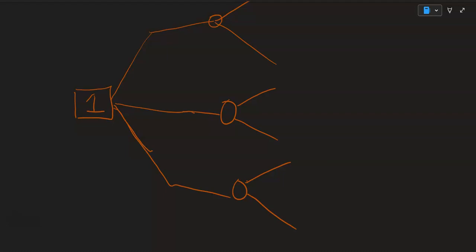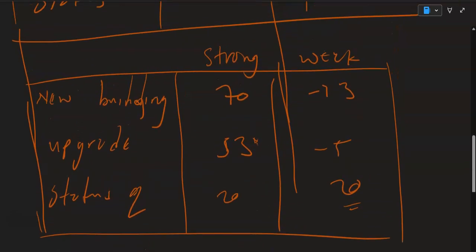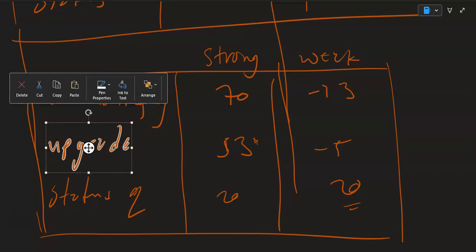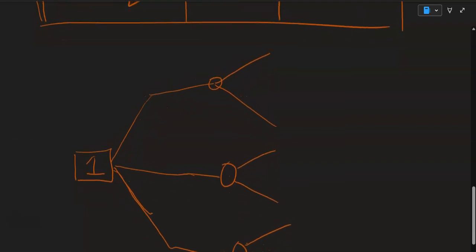So I have put chance nodes here, meaning that each decision alternative has certain chance nodes. If we had three different states of nature, like strong, moderate, and weak, we'd have three chance nodes here. They would have three branches coming from each decision alternative.